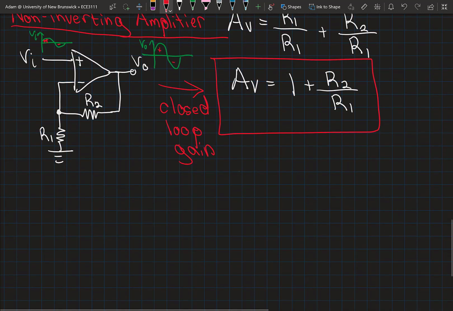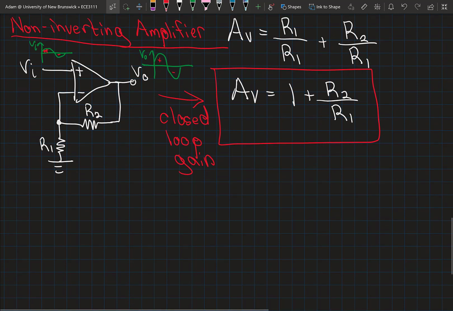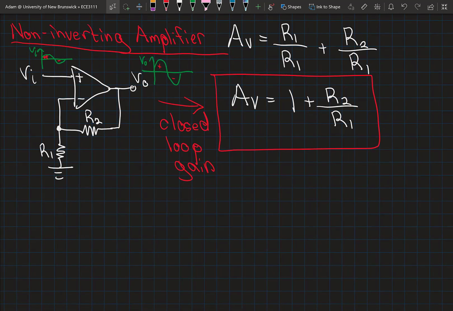Let's look at a slightly different configuration. And again, this is a very characteristic circuit and equation for a non-inverting op-amp amplifier. This is a very common circuit to use.